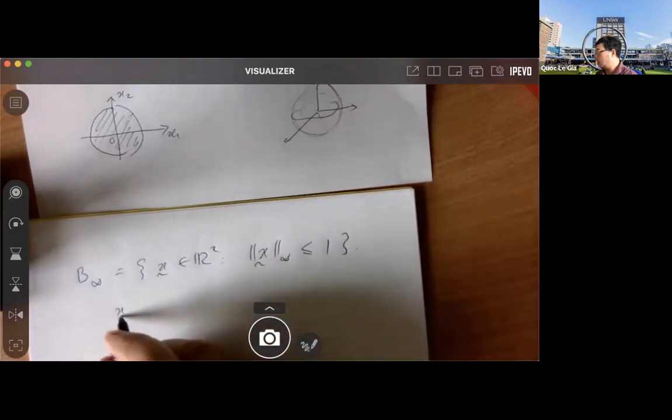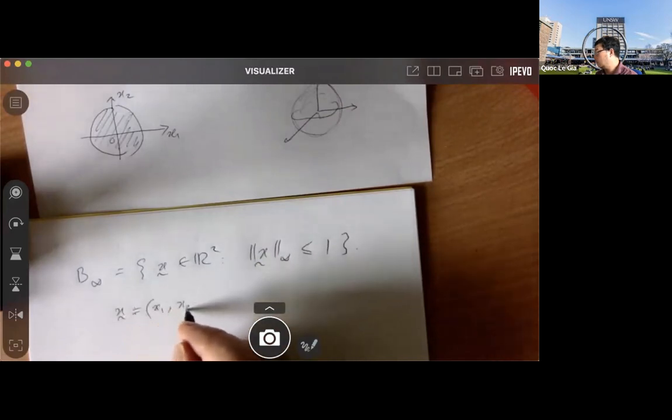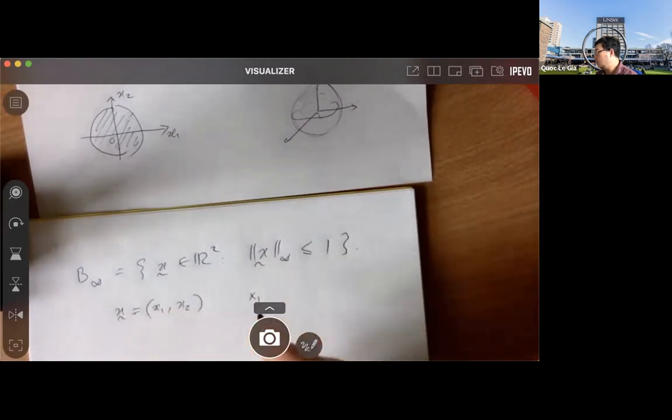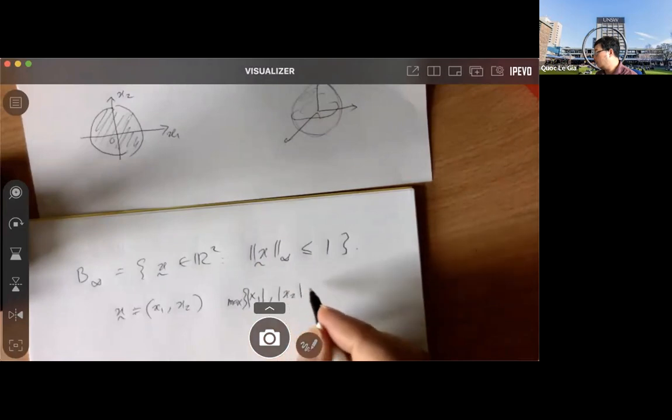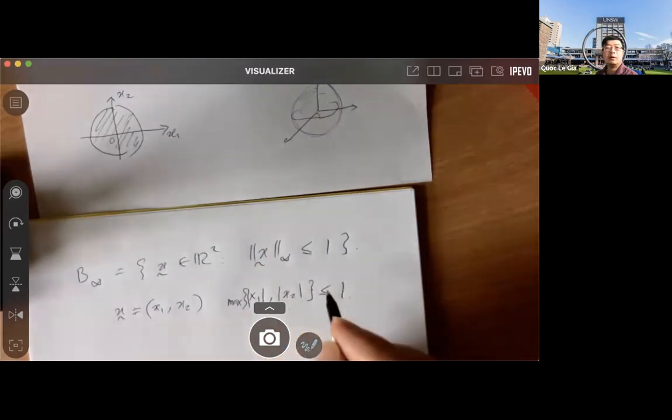So it will be x1, x2, such that the max of the absolute values of x1, x2 is less than or equal to 1.